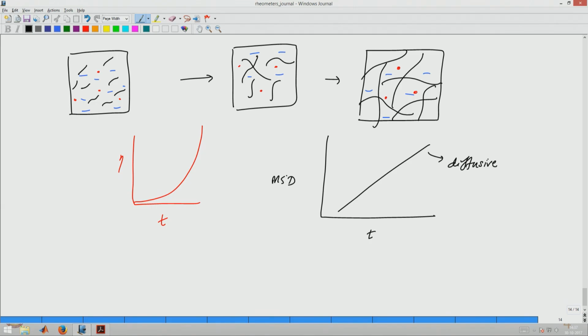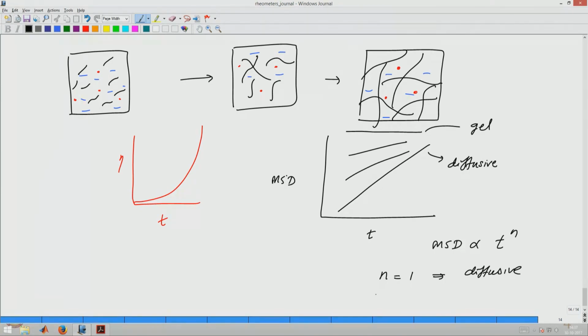At the other extreme, when the particle gets trapped, there will not be any diffusion. So, this is when the gel has been formed, and at different instants of time you will see that MSD versus time will have some exponent n. If it is 1 we know it is diffusive, and n equal to 0 would imply it is trapped.